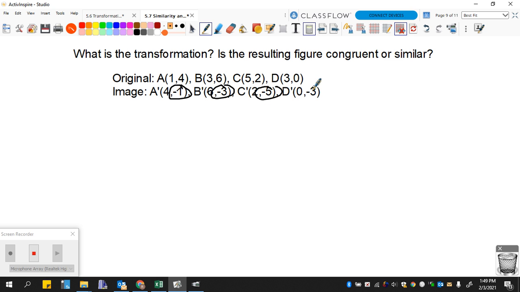Okay, and they flip-flopped the x and the y coordinates, which leads us to suspect that it's a rotation.